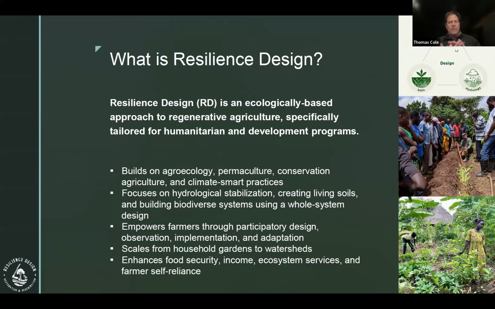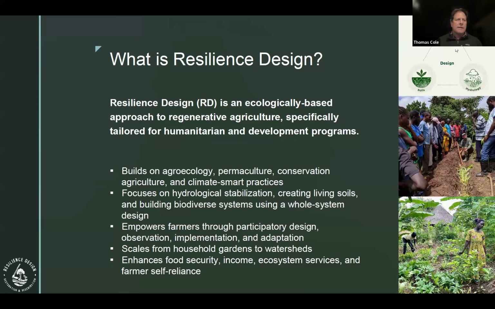But the four core areas: it uses a whole systems design approach, and we look at stabilizing water, so hydrological stabilization, creating living soils, and so that's what this session is today, and building biodiverse systems. So those four core pieces.